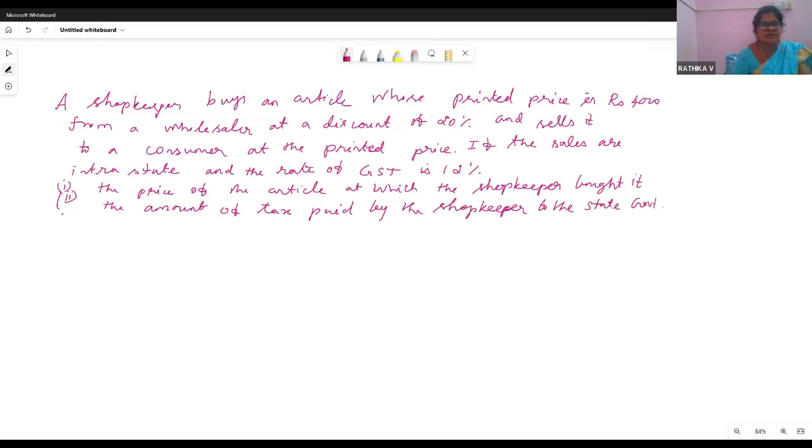The third subdivision is the amount of tax received by the central government. And the amount paid by the consumer.